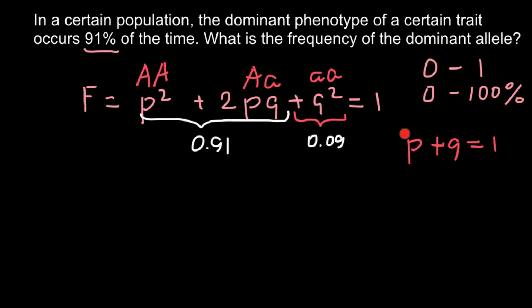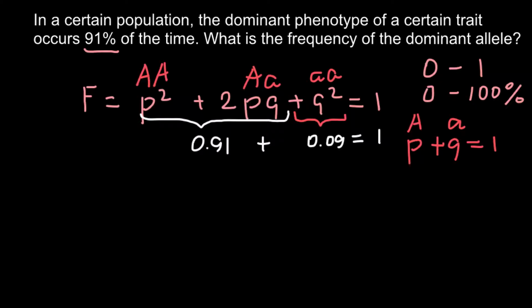So p is all the alleles of dominant type, which we designate as capital A, and q all the alleles that are recessive, or small a. These two types of alleles make two phenotypes. Capital A capital A and capital A small a make the same phenotype, and the small a small a genotype makes the recessive phenotype. If we add these two frequencies, we get 1.